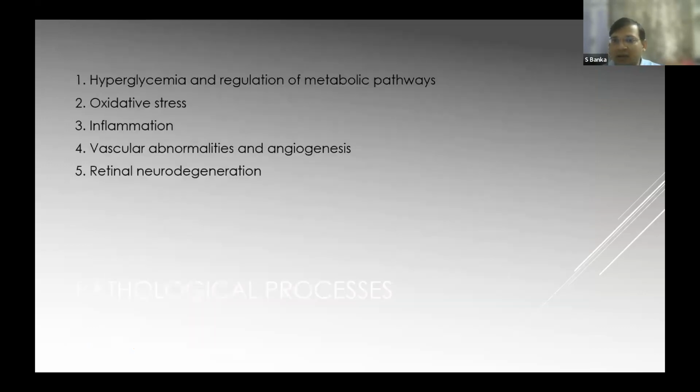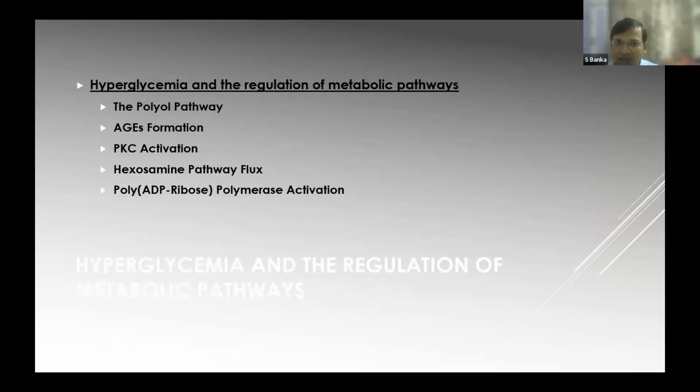Now, how does diabetic retinopathy happen and what is the pathological process? Basically, hyperglycemia causes dysregulation of a few metabolic pathways, which leads to oxidative stress, inflammation, vascular abnormalities, angiogenesis and retinal neurodegeneration. The main metabolic pathways which get affected are the polyol pathway, the formation of advanced glycation end products, and PKC activation.